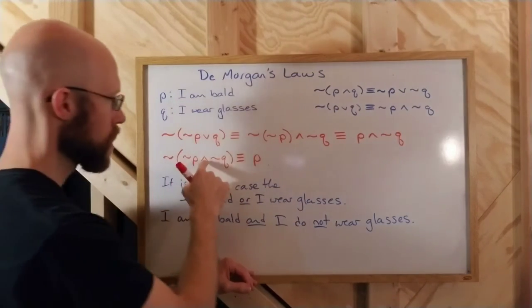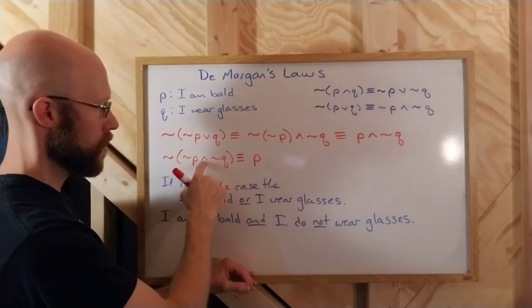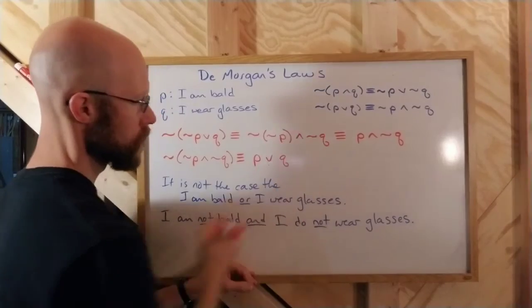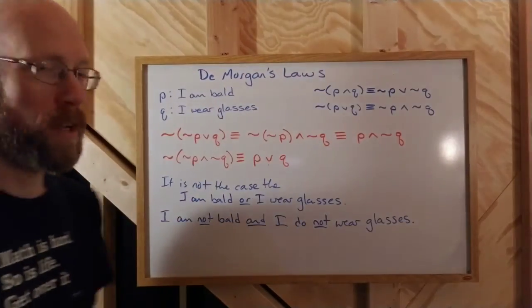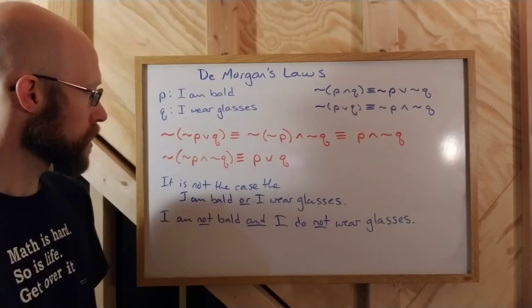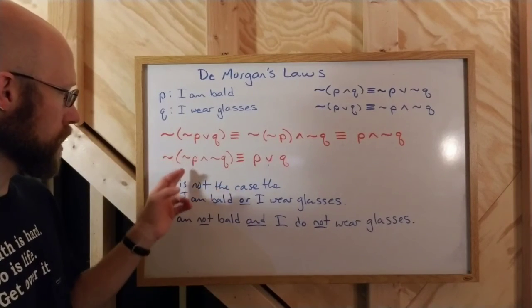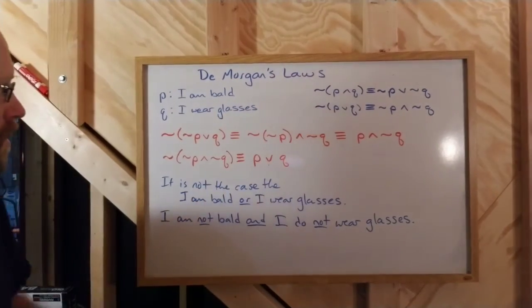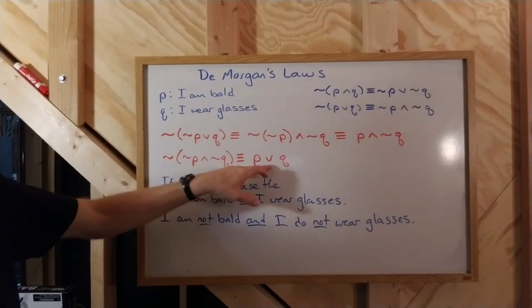So that's P, change the and to an or, and then the double negation on the Q would just be Q. All right? So if I said P or Q, that's equivalent to, it's not the case that not P and not Q. Okay? If I said, in this example, I wear glasses or I am bald.